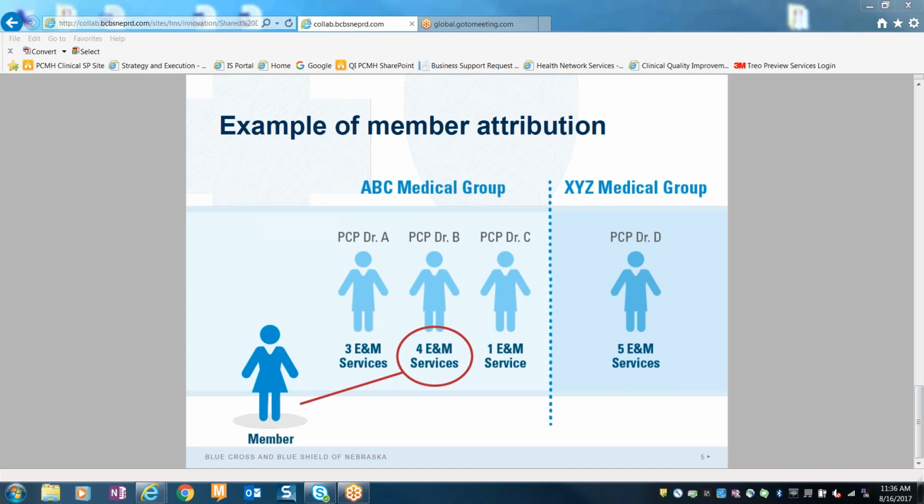Yeah, everybody should be going on Treo and looking. You can look at all your own data, and the attribution is real time. You should know who your patients are. Yeah, and if there are any clinics that need any refreshers on the dashboard or anything, just let us know and we can set something up as well.